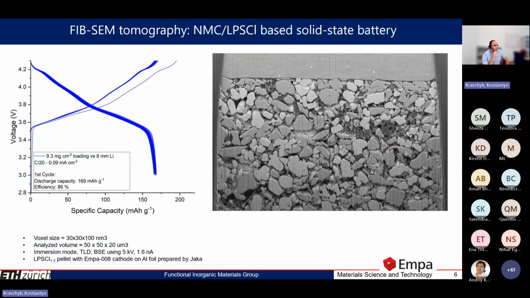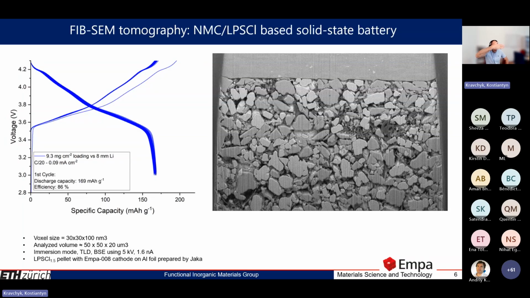So the advantage of performing tomography measurements over just FIB SEM cross-sections is that you can get, again, entire information about the cathode microstructure. And the same type of logic can be applied also for observation of lithium voids or cavities between a solid state electrolyte and lithium interface. It is very much pronounced when we talk about the interface between oxide-based solid state electrolyte and lithium.